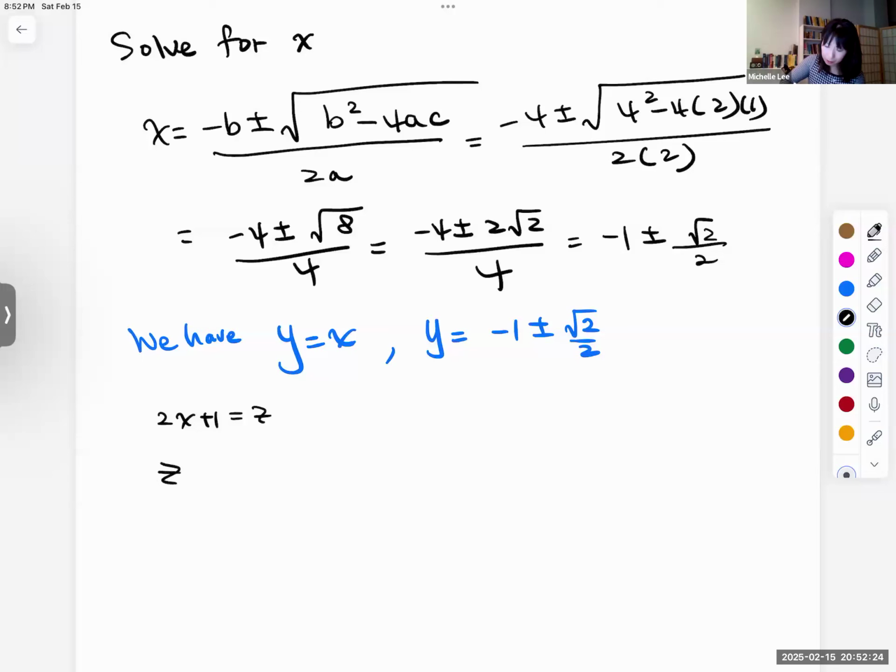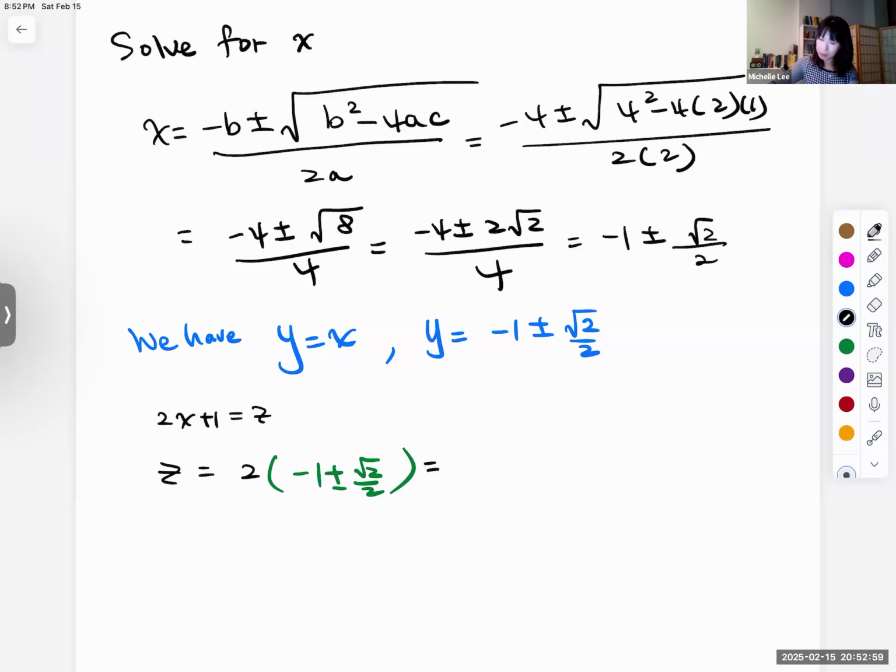So z equals 2x. Let's see using positive first: negative 1 plus square root of 2 over 2. We can just use plus or minus, yeah? So that would be, substitute.